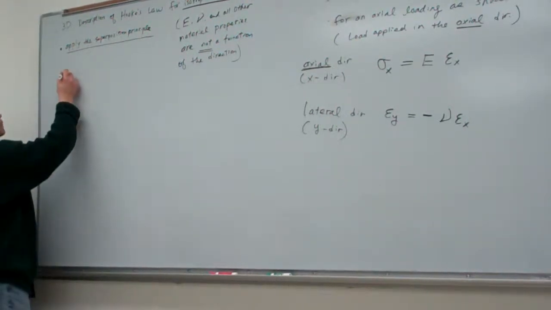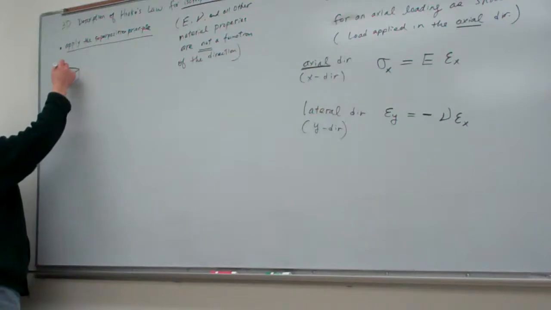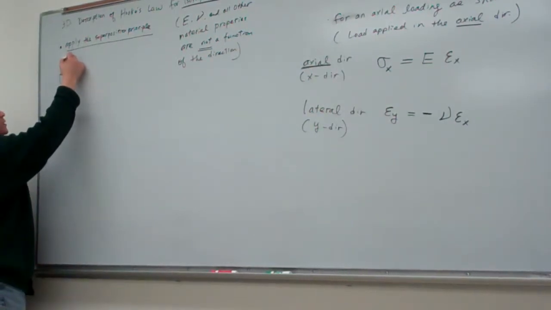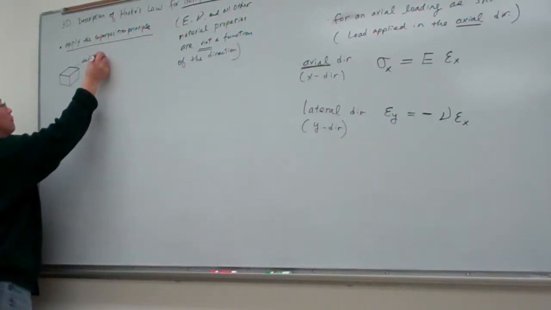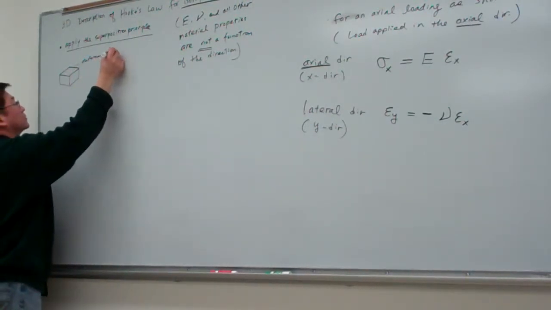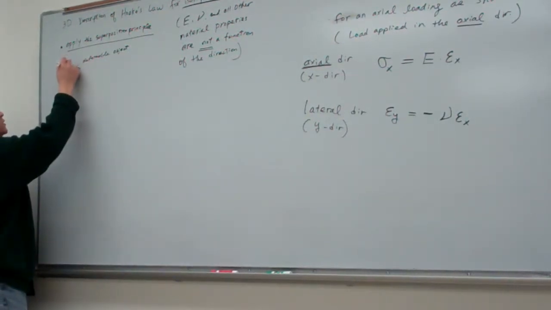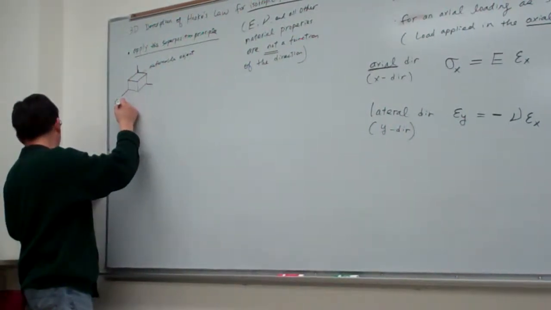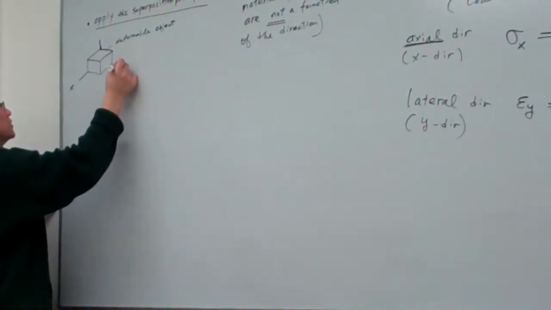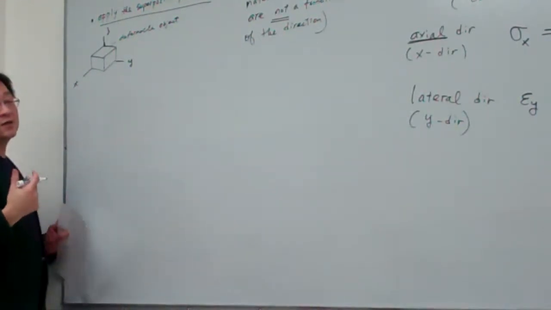So here again, if we consider this is a material and this material is a deformable object. Okay, so for example, if we place this deformable object into the coordinate system, for example, this is x and this is y, these are xyz coordinate systems. And this is a deformable object.